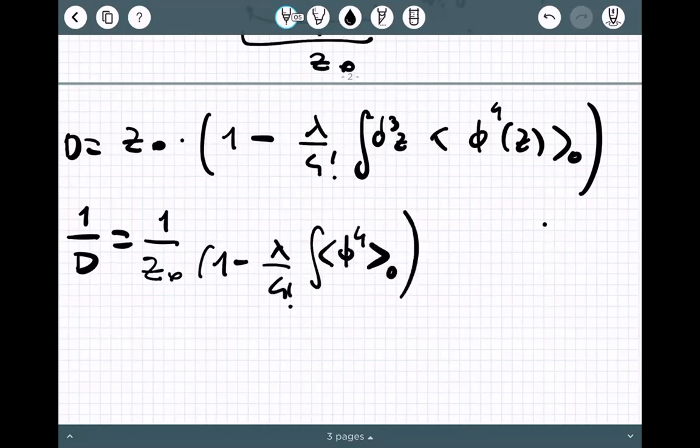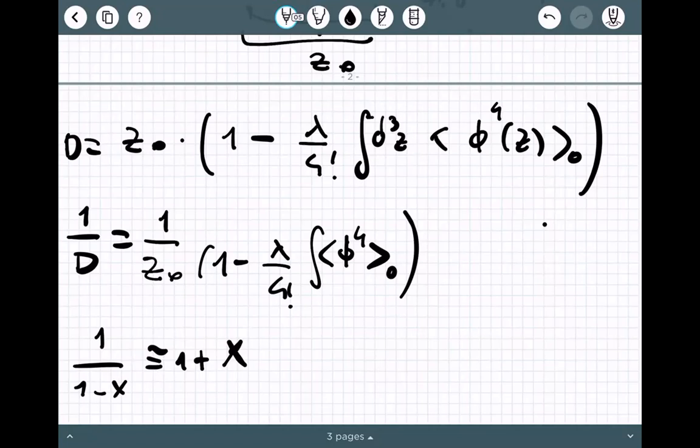And remember, since we are only interested in small effects, now we know that this is a small correction, so we can use the fact that 1 over 1 minus x is roughly 1 plus x plus orders of x squared, right?